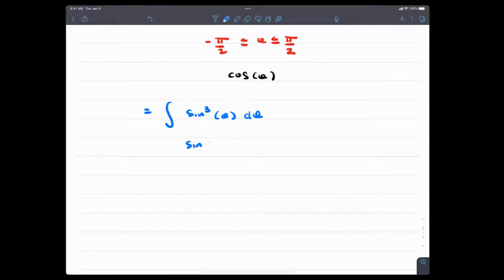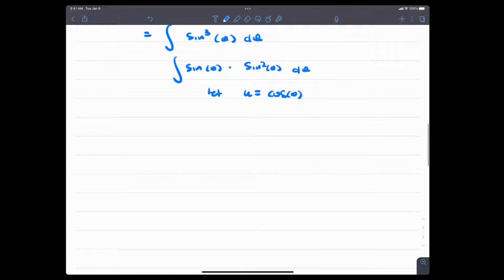So this is simply sine theta, sine squared theta, d theta, right? And what do you guys use? You're going to let u be what again? I think u is cosine theta, right? So this is the integral of sine theta, and sine squared theta is going to be, yes, 1 minus cosine squared theta.